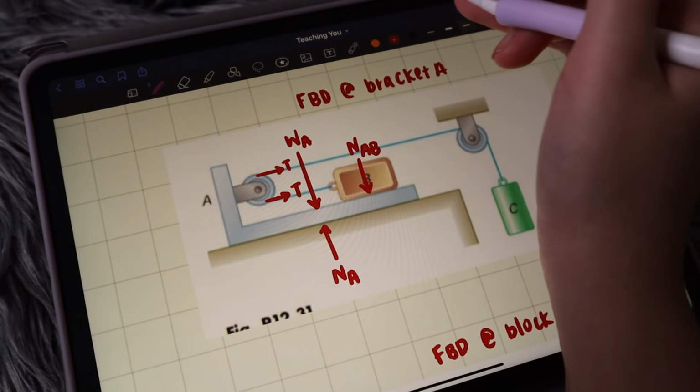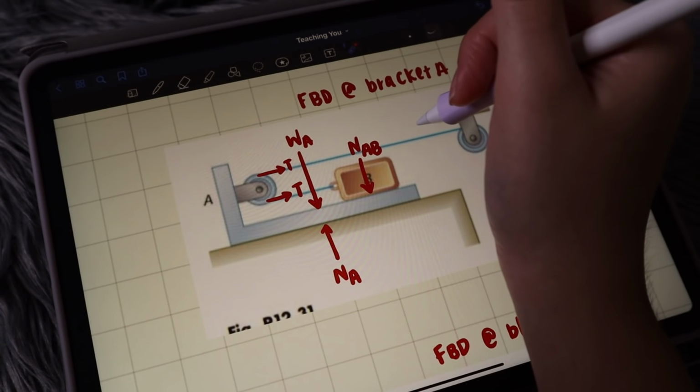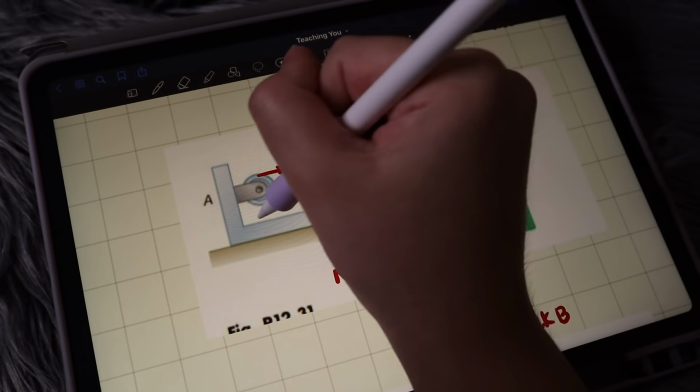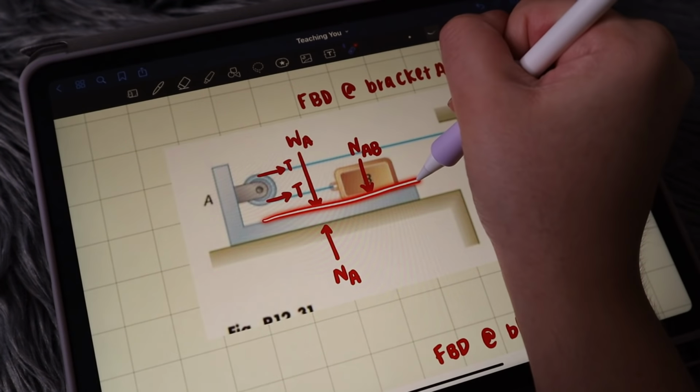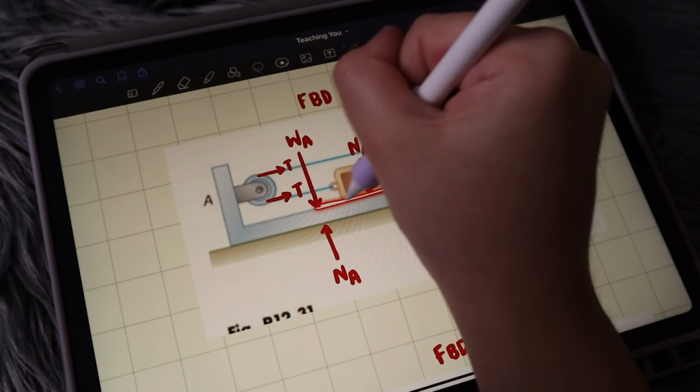The labeling is pretty much up to you. Alright, and then there's also friction between A and B, right? There's no friction right here, but there is right here.